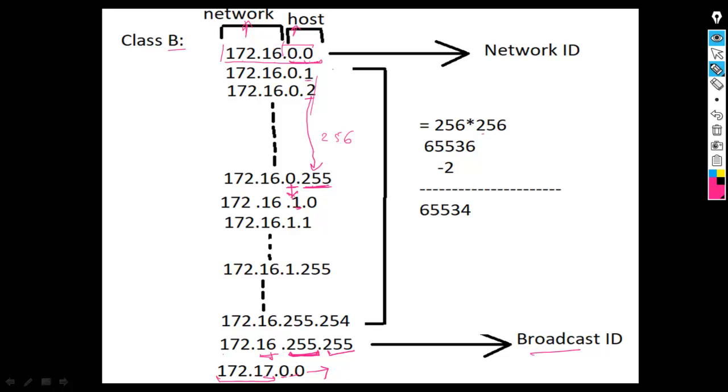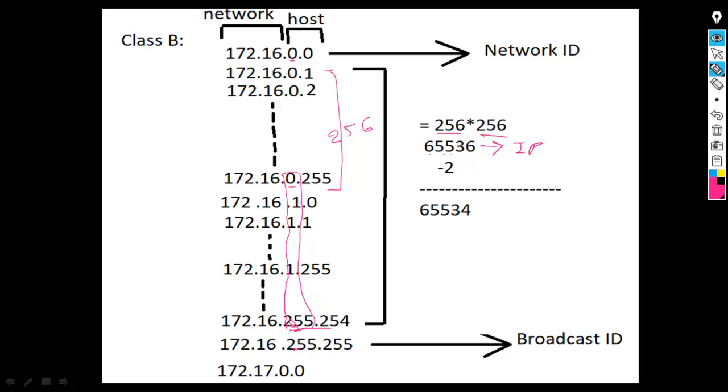So we have got 256 usable IPs, and we can use 172.16.1.0 till 172.16.255.255, that is the change is from 1 to 255, that is 256. So in total the number of usable IPs will be 256 into 256, that will be 65536 usable IPs.